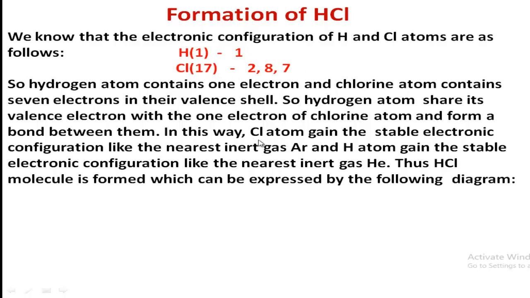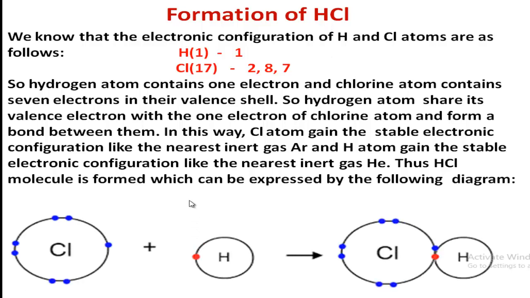In this way the chlorine atom gains the stable electronic configuration of the inert gas argon, and the hydrogen atom gains the stable electronic configuration of the nearest inert gas, helium. In this way a hydrogen chloride molecule is formed through covalent bonding. Now follow the diagram.